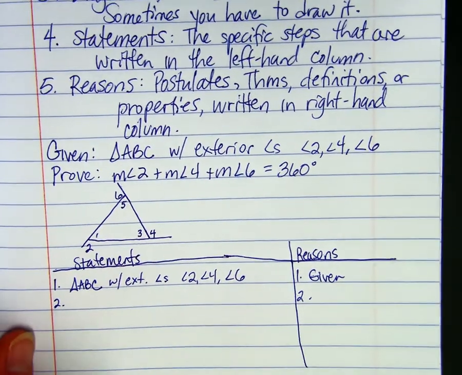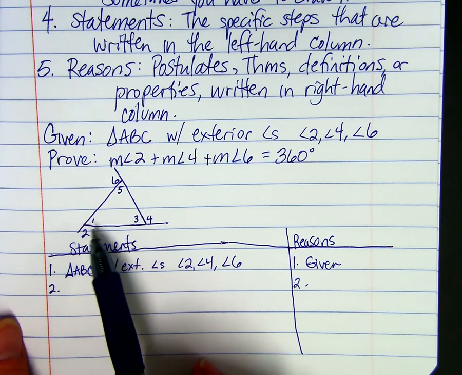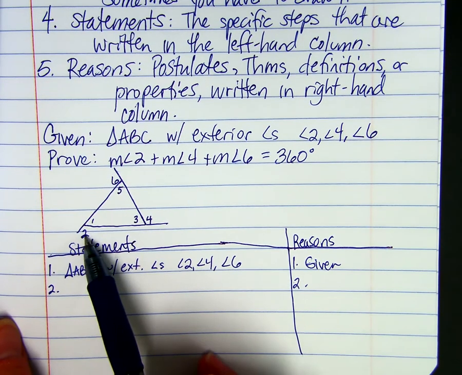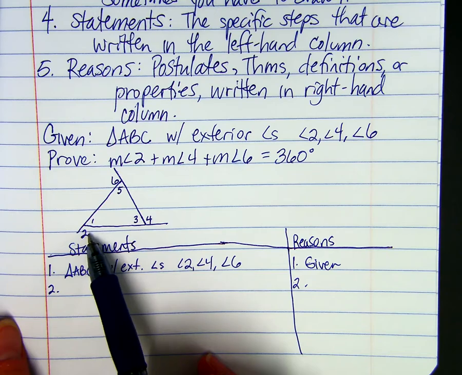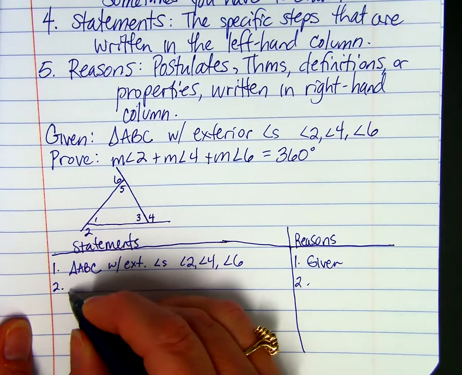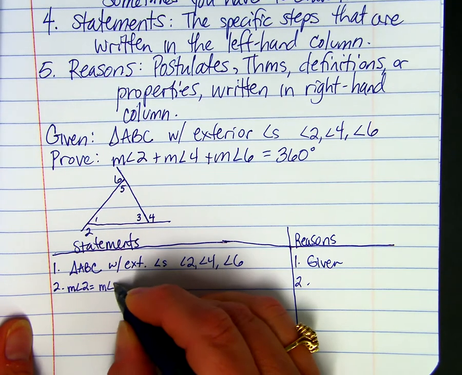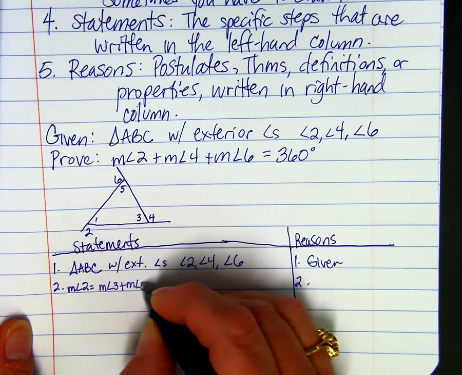So if we use the exterior angle theorem that says the exterior angle is equal to the sum of the two remote interior angles, then we can say the measure of angle 2 equals the measure of angle 3 plus the measure of angle 5.